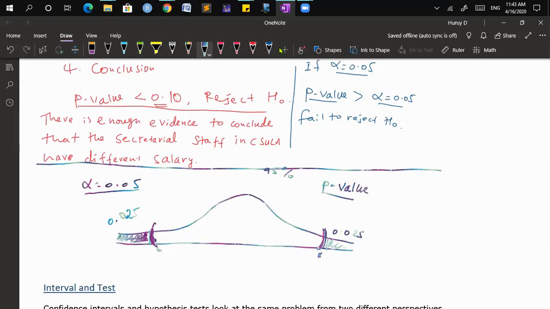Suppose the p-value is greater than 0.05. What does it tell you in this graph? The p-value comes from the t calculated, or from the mean, because the procedure is to find the p-value.